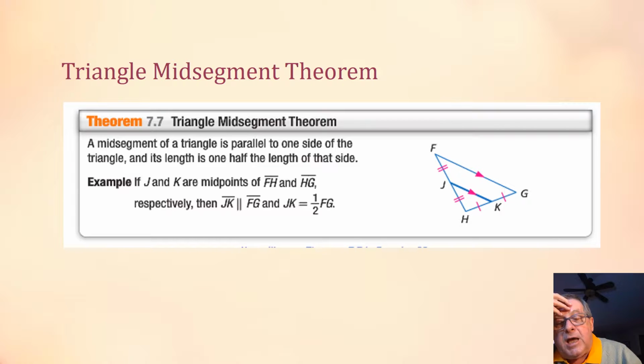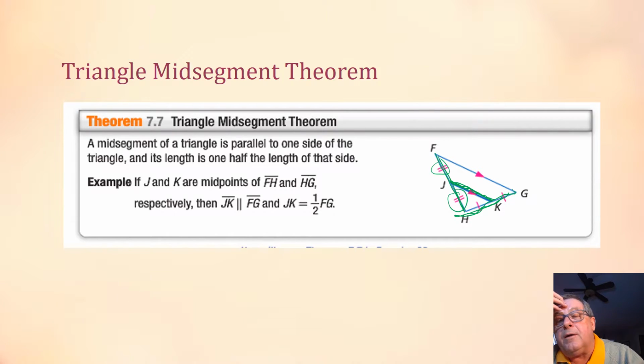So JK, we can determine that JK is a midsegment of both FH and GH. And we can see that by the congruency. So it's a midsegment. It's bisecting.